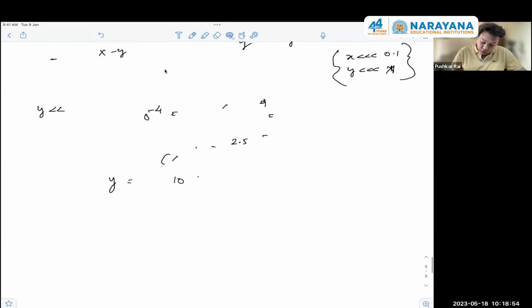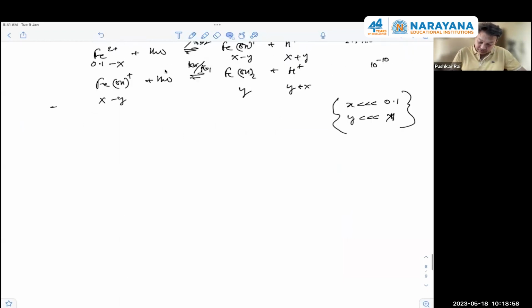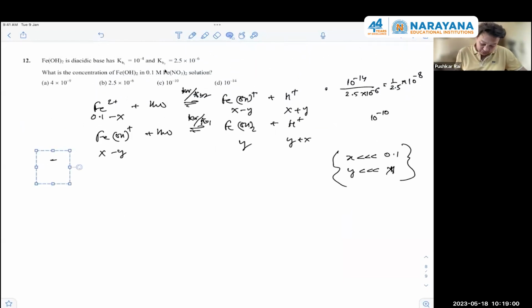Okay. And don't think that this is iron, because that is going to destroy our concepts. FeOH whole twice doesn't exist. Just think about it as a hypothetical problem. And now your answer is 1 upon 2.5 into 10 to the power minus 8 is equal to x square upon 0.1.